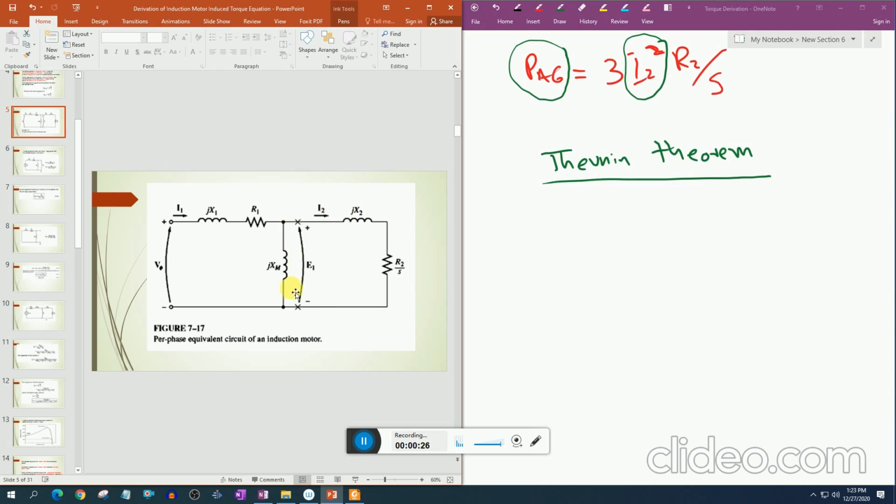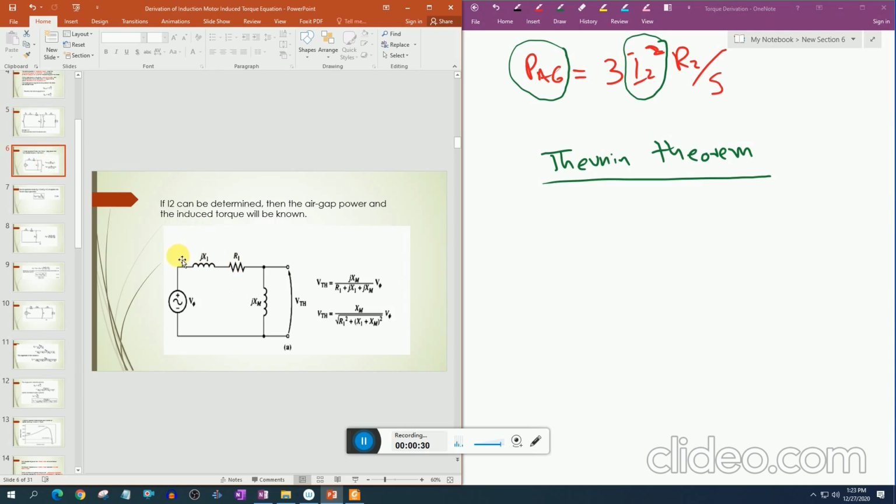How can V Thevenin be calculated? V Thevenin can be calculated as shown in this figure, at this point just by the voltage divider rule. I hope you all know about this voltage divider rule.